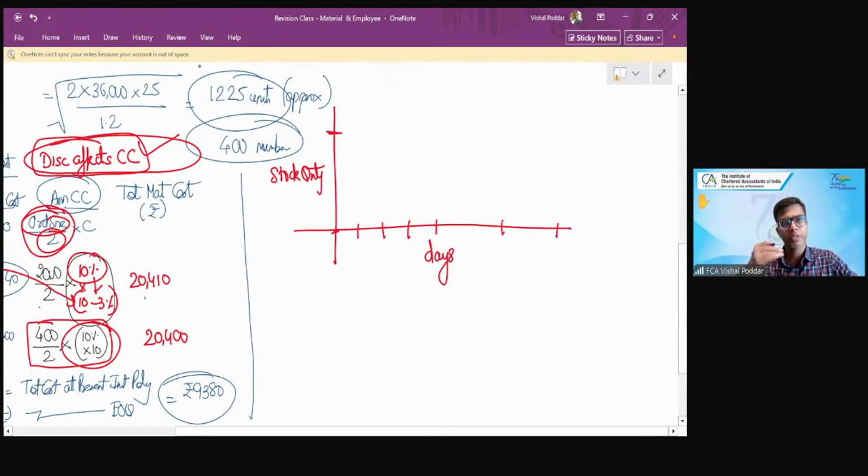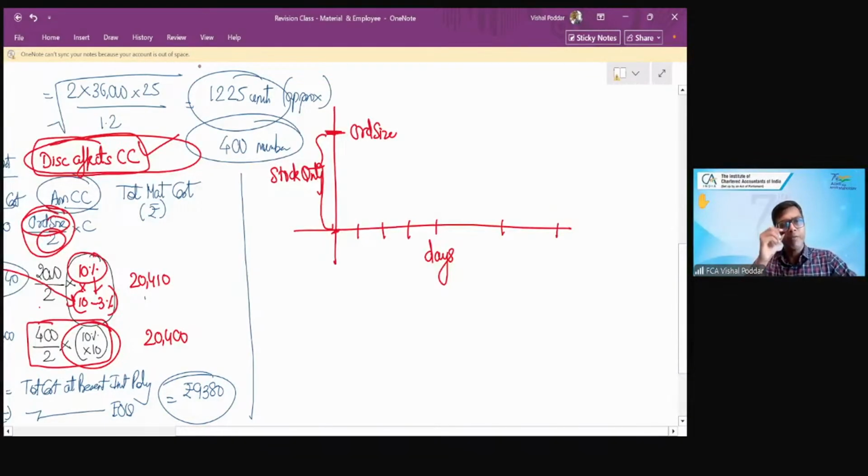When I make a purchase, my stock will increase by the purchase quantity. This quantity is my order size. Why order size? Because that is what I'm purchasing every time. Whatever I have purchased on day zero, that much becomes my stock. You can call it day zero or start of day one, so at the start of day one you have this much stock.